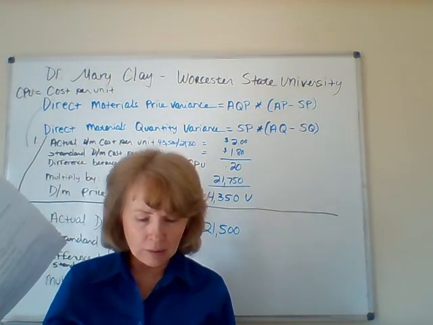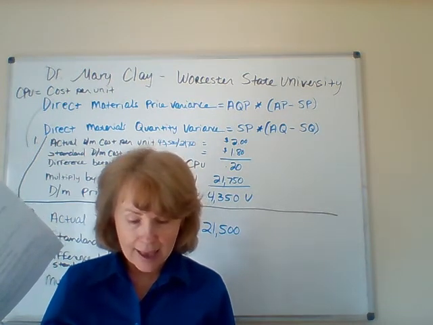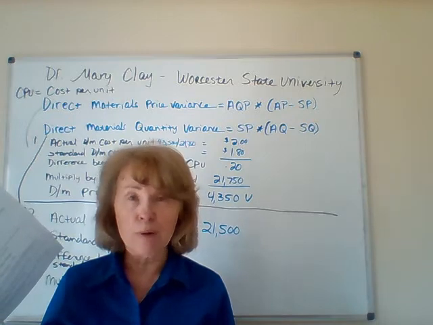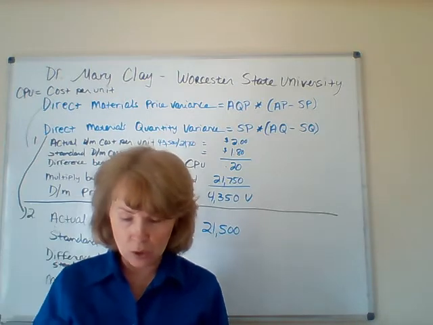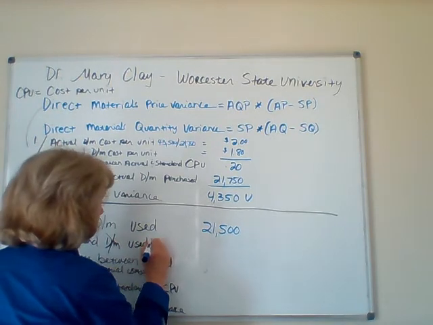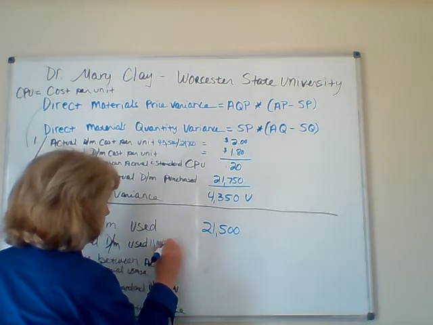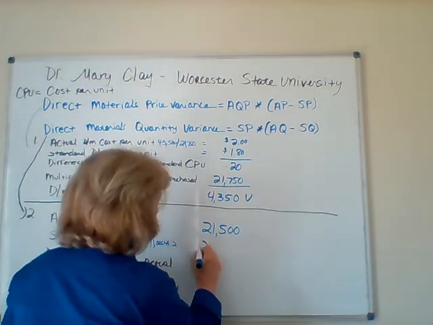They produced 11,000 boulders in June. The standard quantity of resin that they estimate is 2 pounds. So you're going to take 11,000, and I'll write this small so you see where that number is coming from, multiply that by 2, and that gives you 22,000.